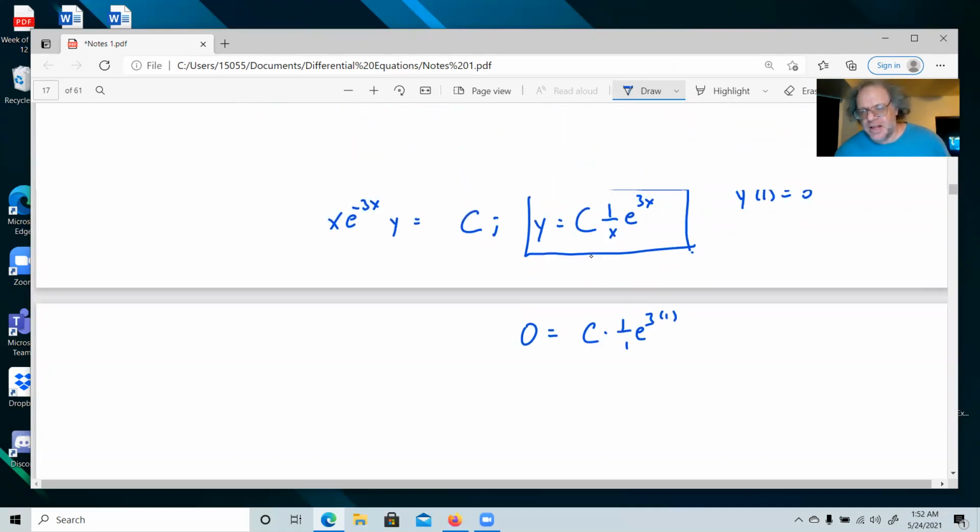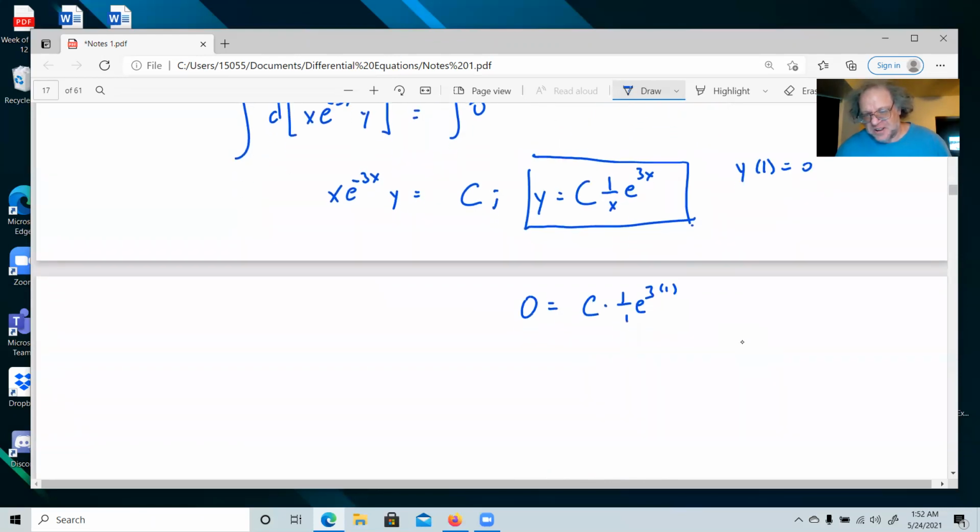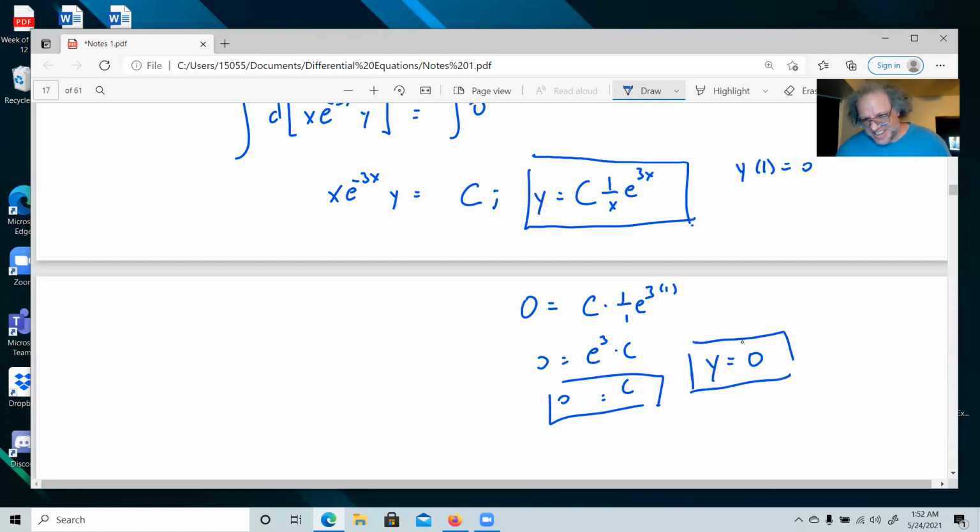Could have given it anything else over here, and it would have been more interesting, because we just have some stuff times c is equal to 0, and c is equal to 0. Such a lovely problem, and there's our answer. Thanks a lot.